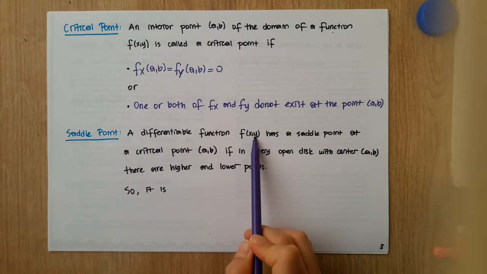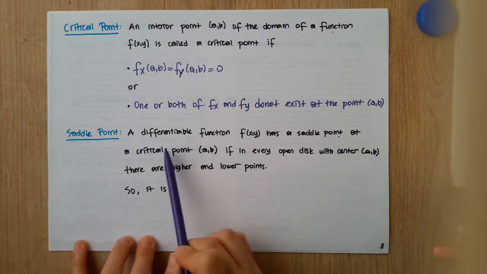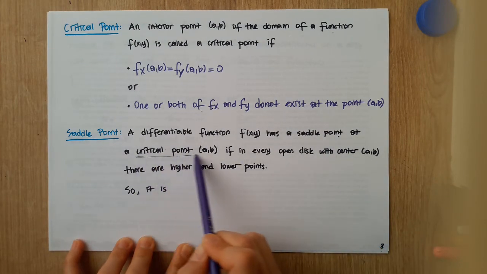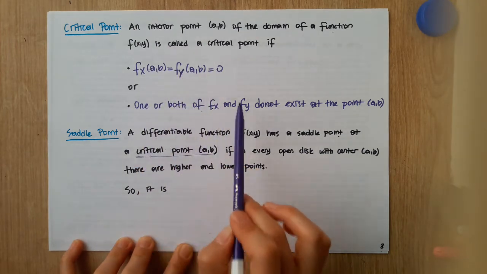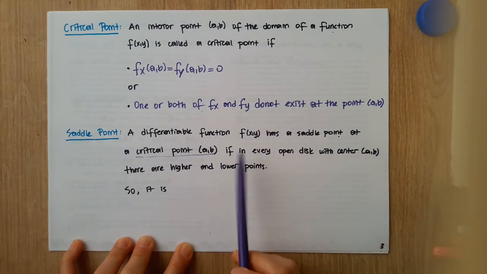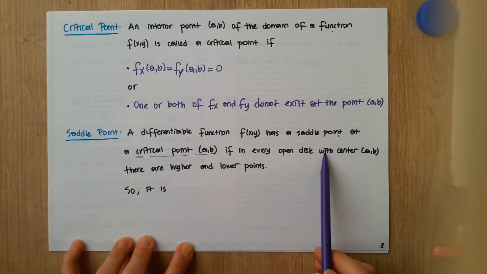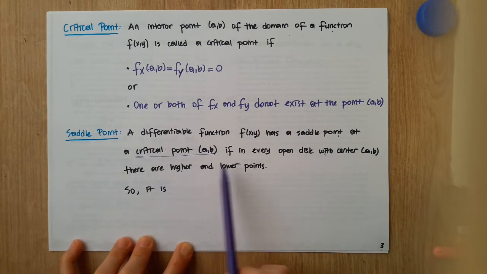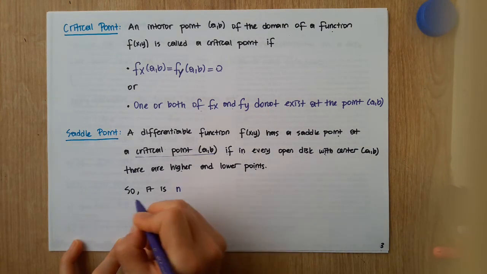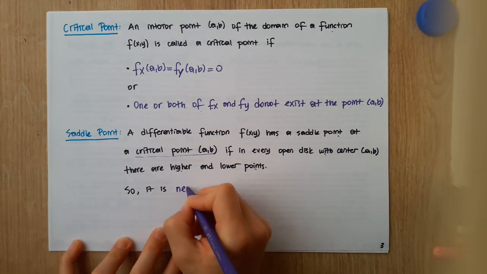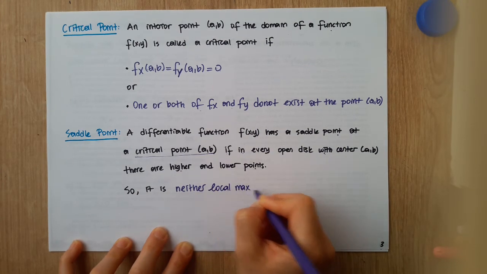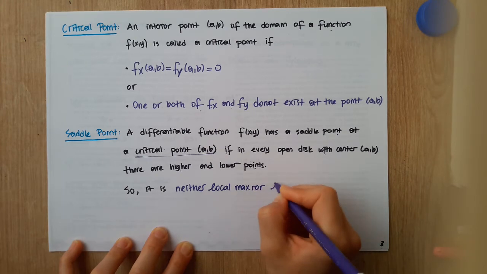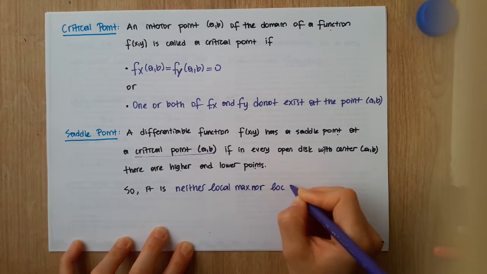A differentiable function f of x, y has a saddle point at a critical point. First of all, it should be a critical point, which means at that point the first partial derivatives are 0, or one or both of those partial derivatives do not exist. And if in every open disk with center (a, b) there are higher and lower points, which means the saddle point is neither a local max nor a local min.